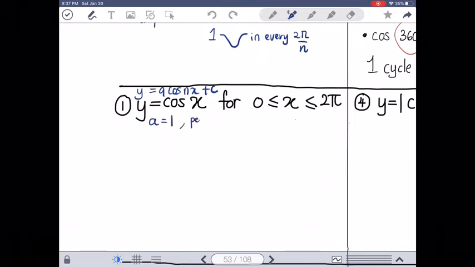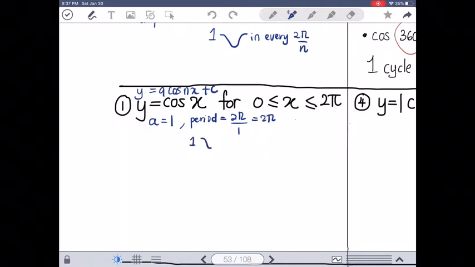Our period is 2 pi over n, our n is 1, so it is 2 pi. That means one cycle in every 2 pi. And the shift is 0. There is no shift.